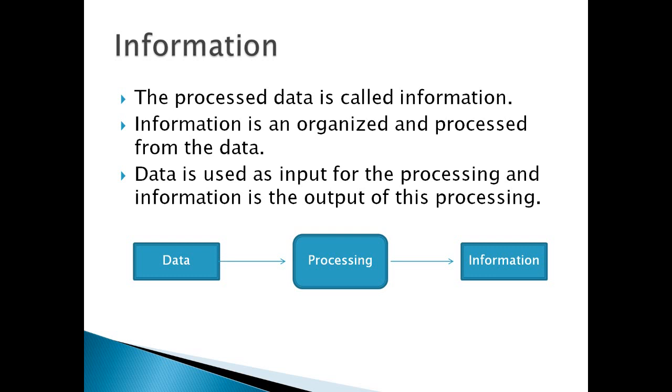Information is organized and processed data. We have data, we get some processing done, and then we get our desired information. Now, data is used as input for the processing, and information is the output of this processing.